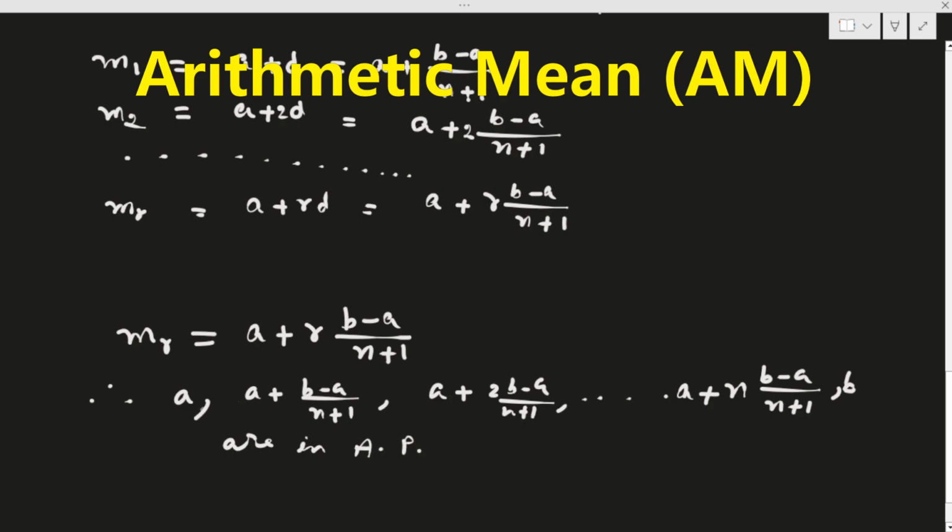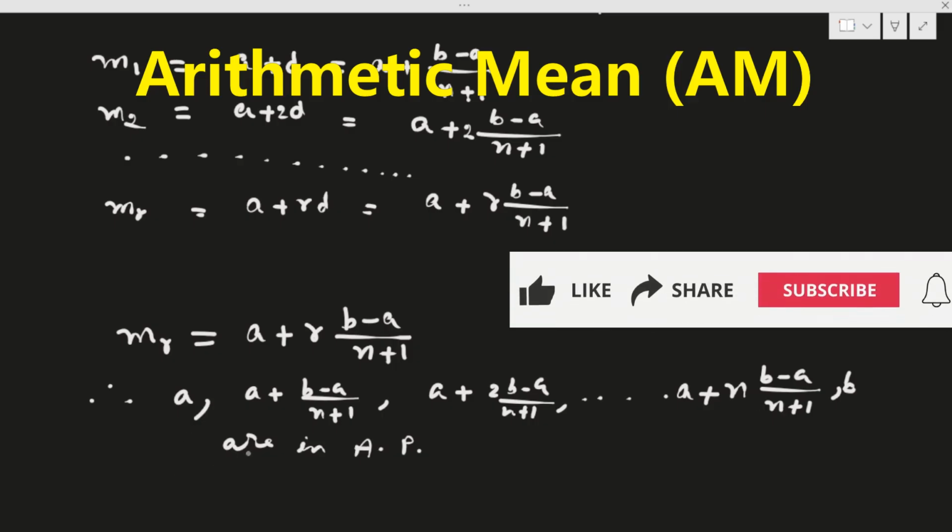So here are the first term, first arithmetic mean, second arithmetic mean, nth arithmetic mean, and last term. So the nth arithmetic mean is found.